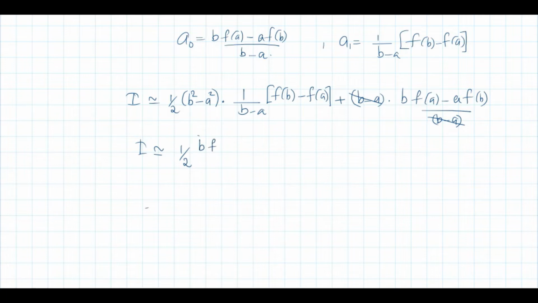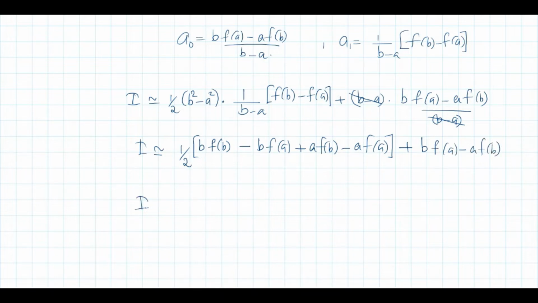What remains is 1 by 2 into (b plus a) times (f(b) minus f(a)), which expands to b f(b) minus b f(a) plus a f(b) minus a f(a), and the second term is b f(a) minus a f(b). Therefore I is approximately equal to: here you have b f(a) and here you have minus b f(a), so both together give b by 2 f(a).